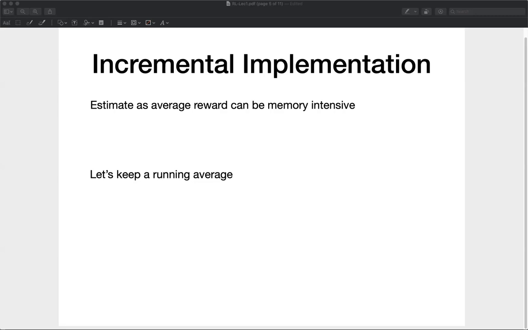Okay, so let's write this out. I need to go into the draw lines.